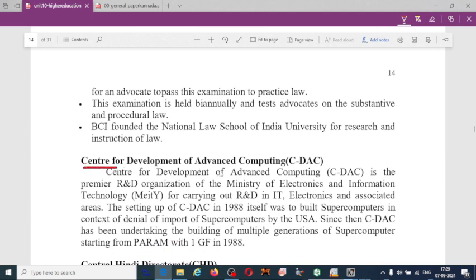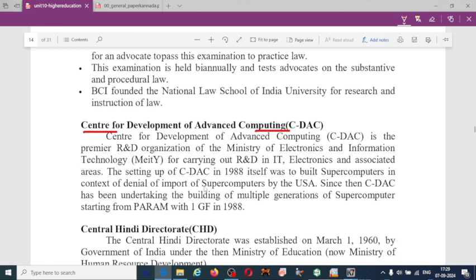Centre for Development of Advanced Computing CDAC, which is used to have the computer related education.